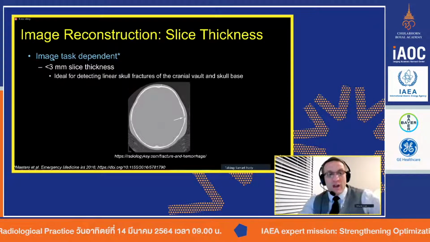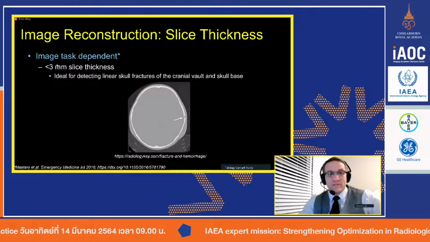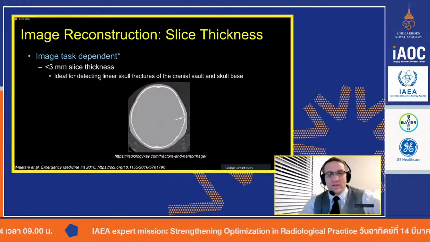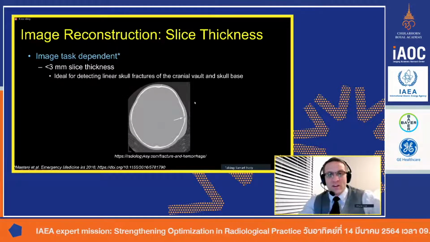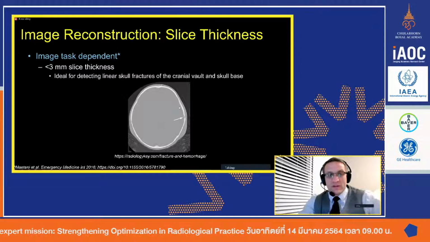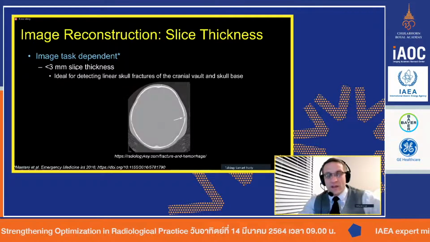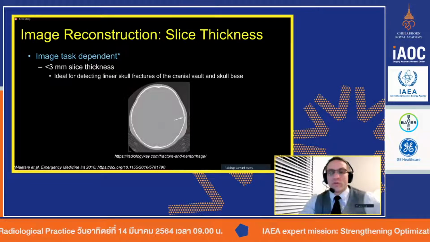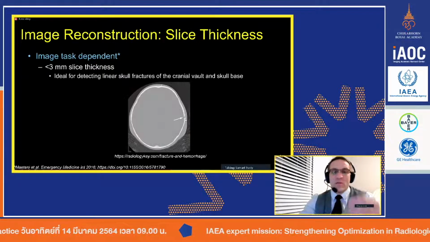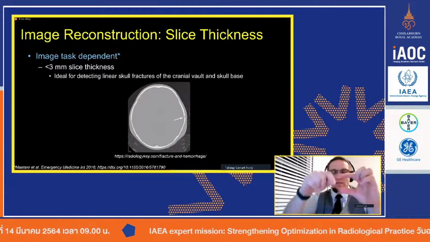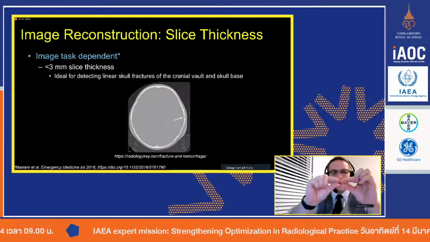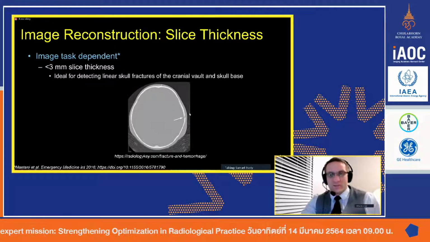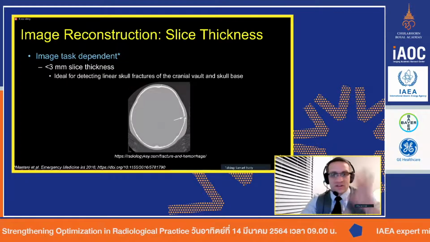So there are times where we will want thinner slices. So we're talking slice thicknesses less than 3 millimeters. These are ideal for detecting linear skull fractures. And if you have too thick, if it's greater than 3, maybe 5, 8, 10 millimeters, then you're familiar with the term partial volume averaging, where if you're thinking in the z-axis, if you're thinking of a voxel, the more anatomy you add into it as an average will cause small little linear fractures to just disappear.